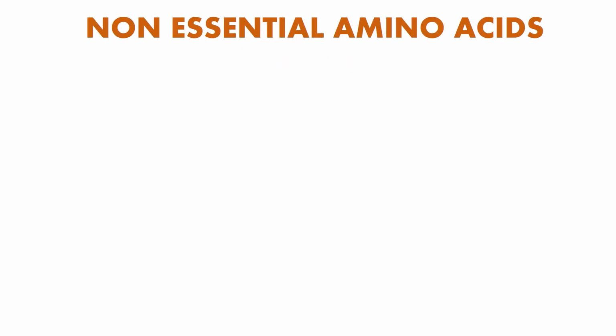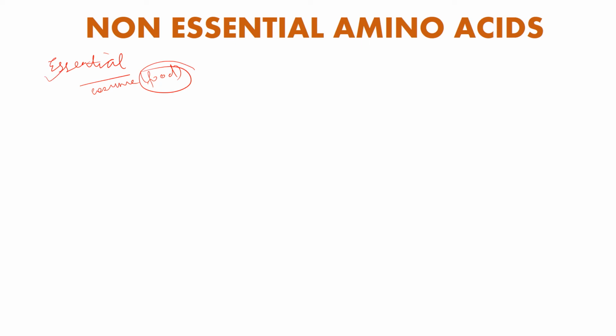Now let's see the non-essential amino acids, and also the difference between essential and non-essential amino acids. The essential amino acids are those which are needed by the body from outside. We need to consume them in our food. They are not made in our body, and we have to consume them in our food. That's why the name is essential.